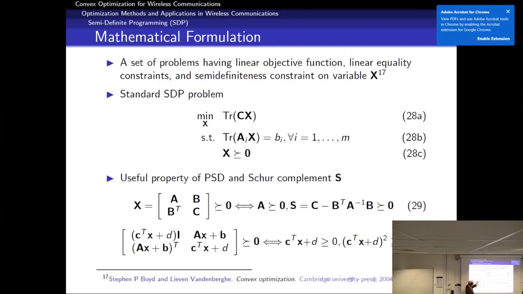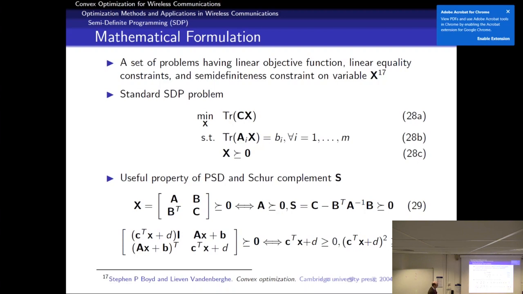So this is semi-definite positive if A is semi-definite positive and this one is semi-definite positive, and you have the opposite relationship as well. If you have this and this as semi-definite positive, you can conclude that this matrix is semi-definite positive, right?